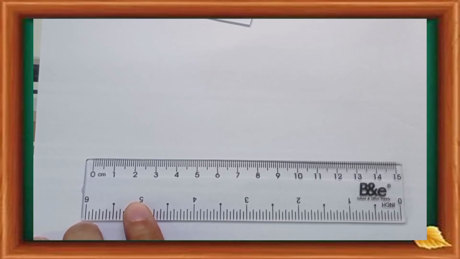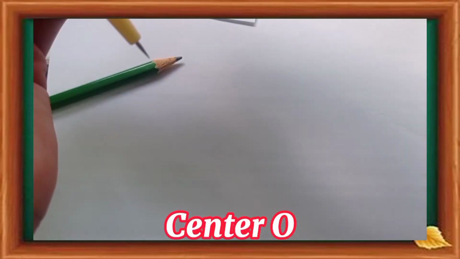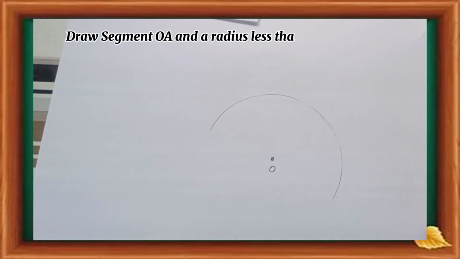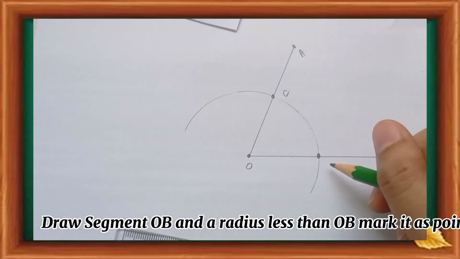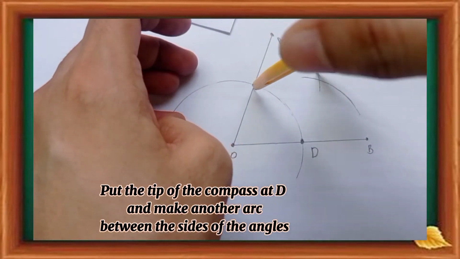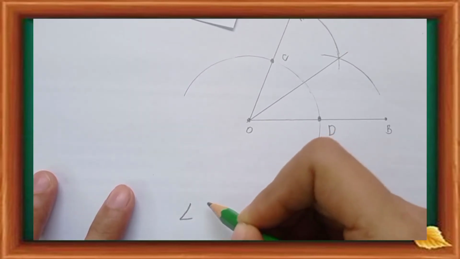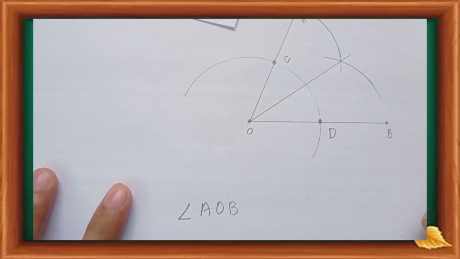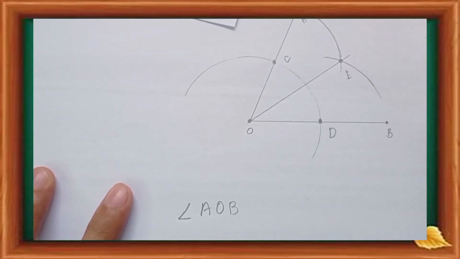This time, let us construct an angle bisector. Step 1 is to have a center O. From angle AOB, we form two angles.